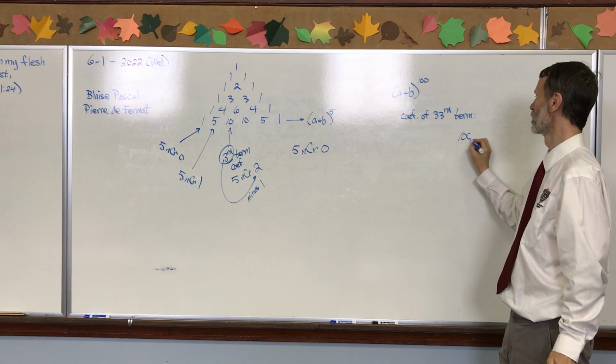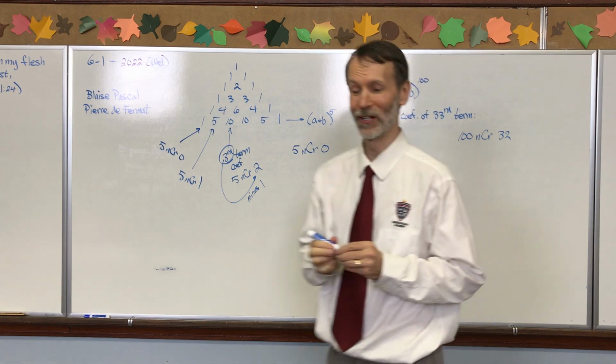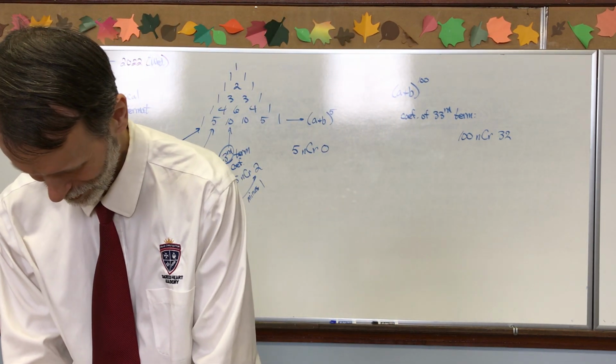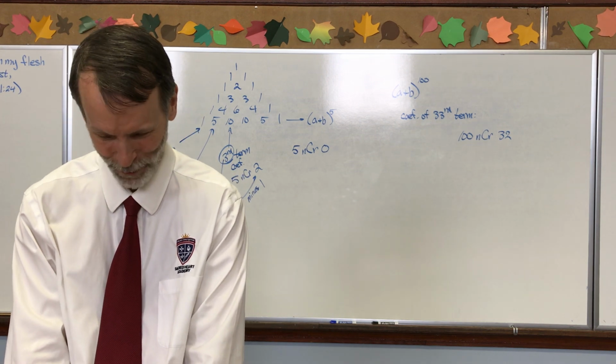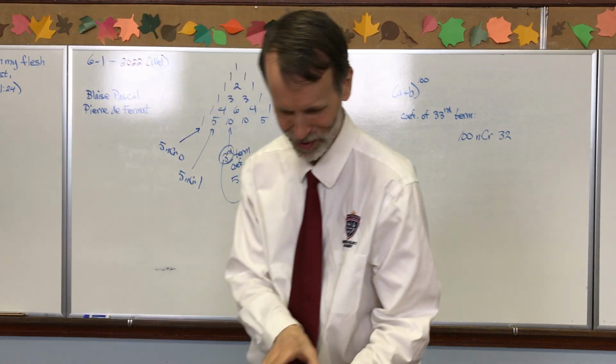100 nCr 32. Now be prepared for a big number. 100 nCr 32. It probably got so huge that it kicks into scientific notation.